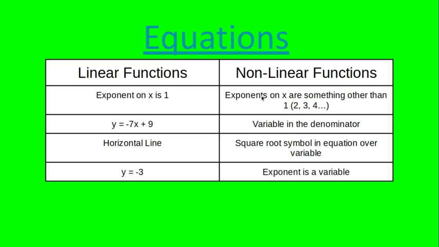Whenever there is an exponent that's something other than 1, whether 2, 3, 1/2, whatever it might be, that's when it's a nonlinear function. Other things that demonstrate nonlinear functions to us: if we have a fraction, but the variable's in the denominator; if we have a square root symbol in our function rule, but it has to be over a variable.